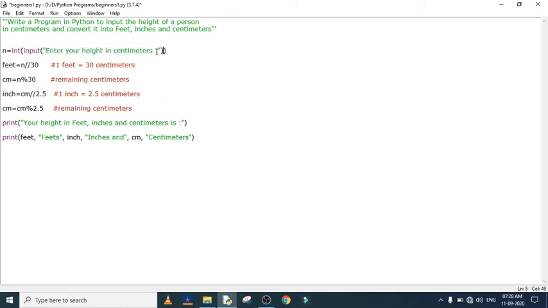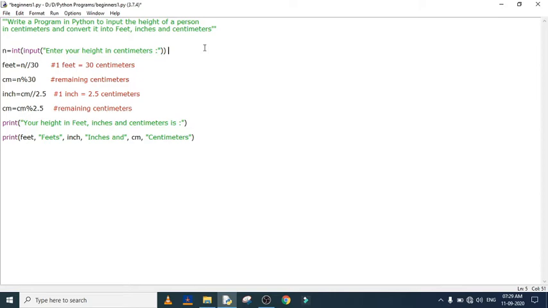Now, in the next statement, suppose the height in centimeters given is 157. Clear? feet equals n floor divided by 30. Look at it: floor divided by 30.